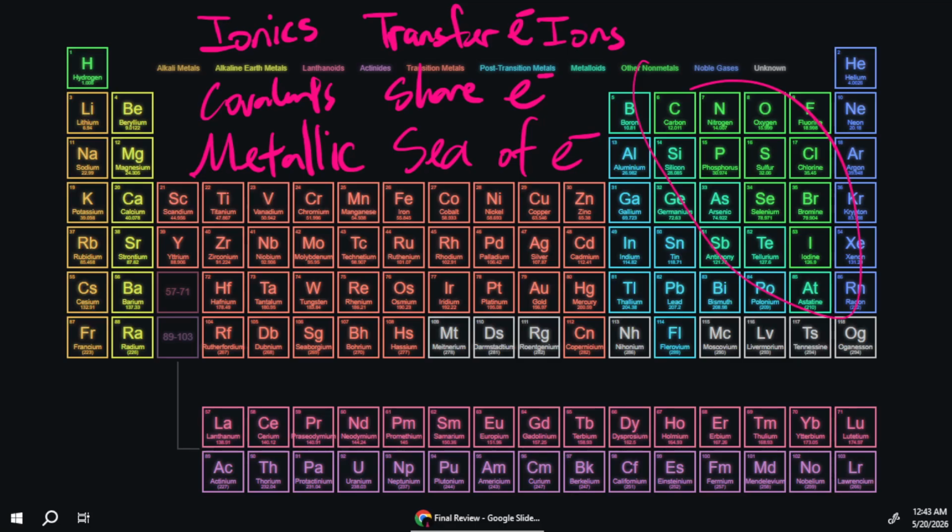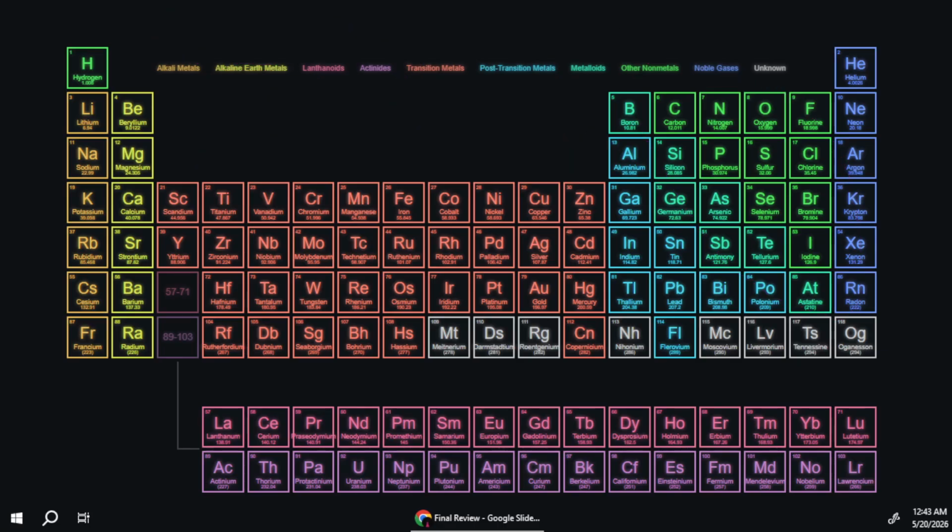Okay, there's more types of bonding, but it gets complicated. Oh, and also talking about ionic bonds, also something like, think of atomic sizes.